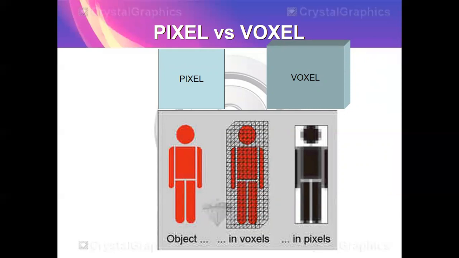As you can see in the picture, we have there the original object, then compare natin yung pixels sa voxels. Mas maganda yung makikita natin sa voxels. Mas detailed siya kasi 3D ang representation when compared to pixels.